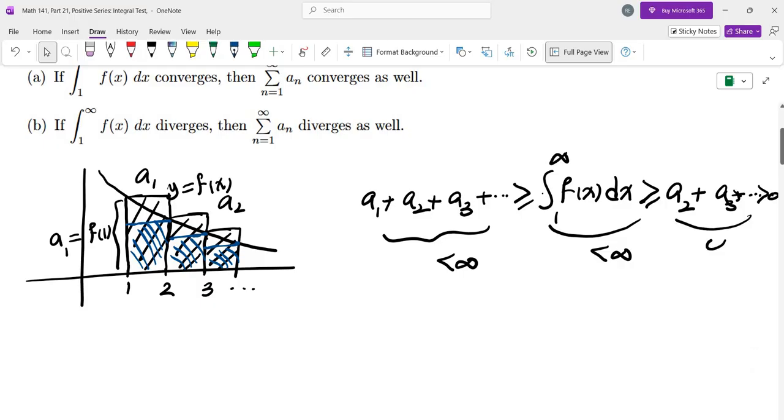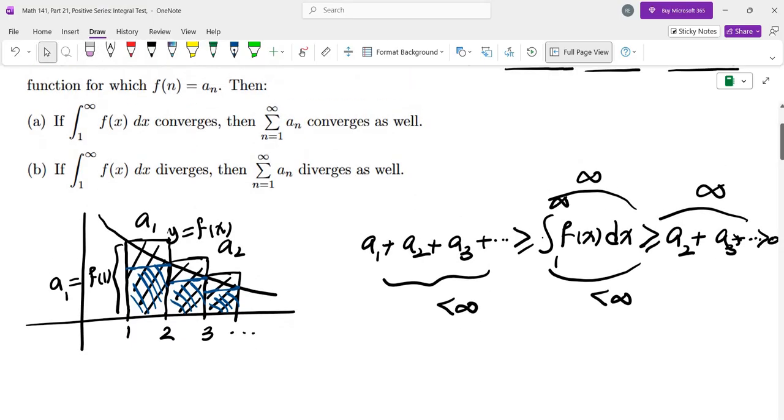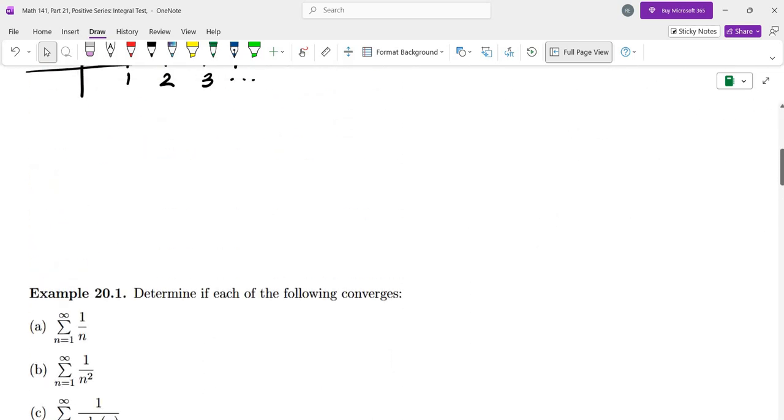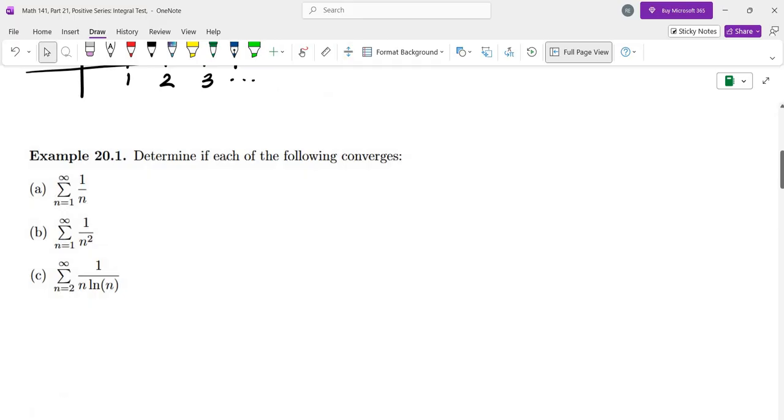And if this is infinity, then this would also be infinity. If the smaller one is infinity, then the larger one is also infinity. So in other words, if the integral converges, then the sum converges. If the integral diverges, then the sum diverges. So the integral and the sum behave very much the same.